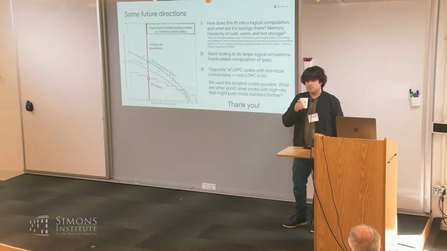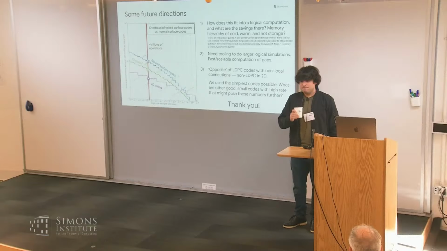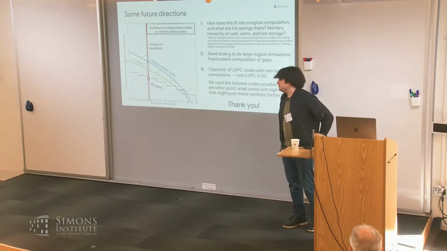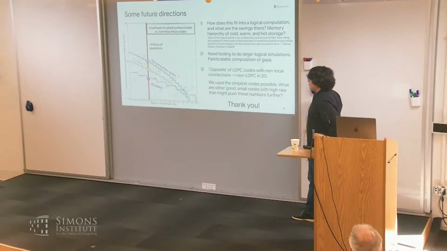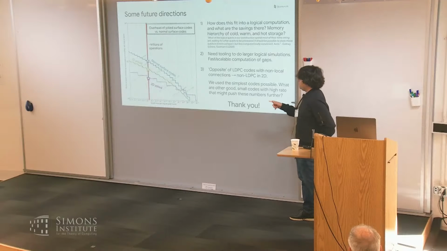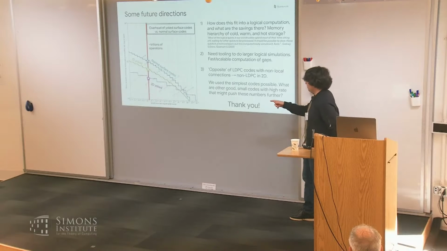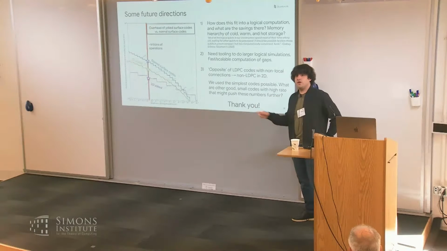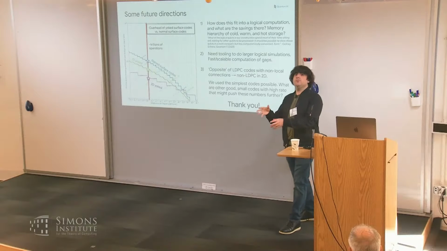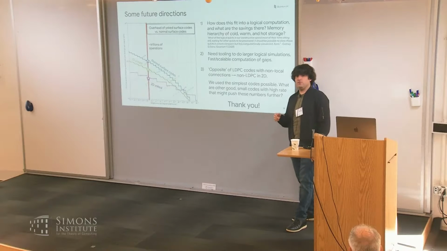Do you have a comparison of how these numbers look when you're looking at space-time volume instead of just the number of physical qubits? Yeah, so actually this is a space-time volume metric. I haven't explained this very well, but on the x-axis, it's the target error per logical qubit round. So on the x-axis, it's a target space-time volume instead of just a target number of logical qubits.